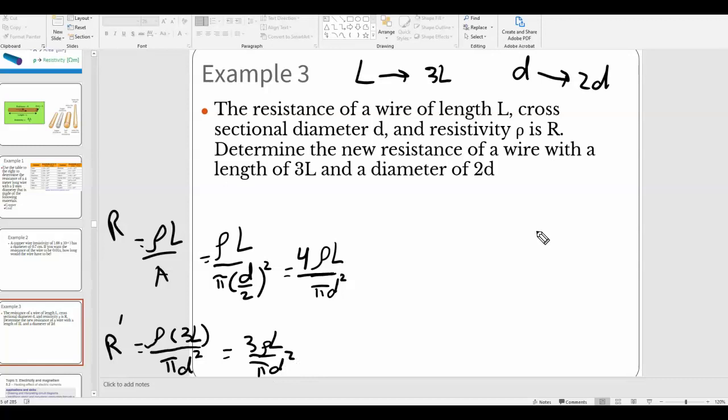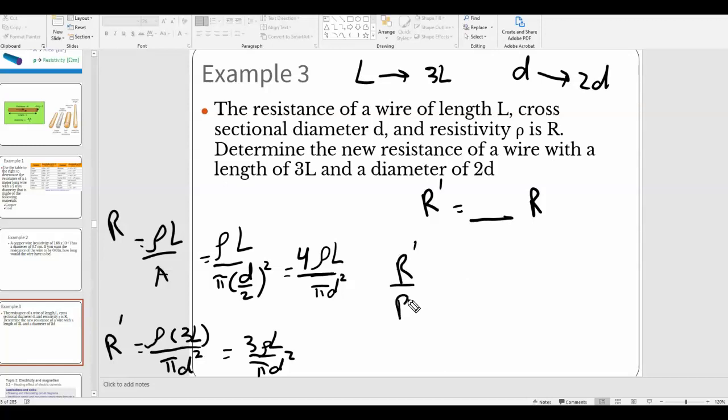And this type of question you often see as a multiple choice question. We want to find the new resistance as a multiple of the original resistance. The easiest way we can do that is just to divide these two. So what number should go in this blank?